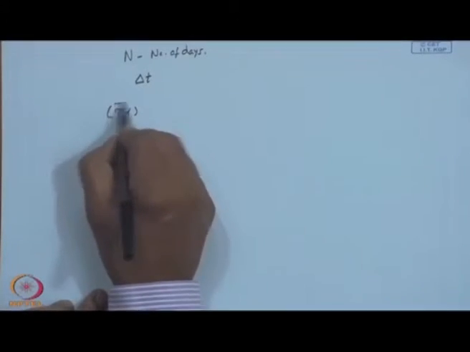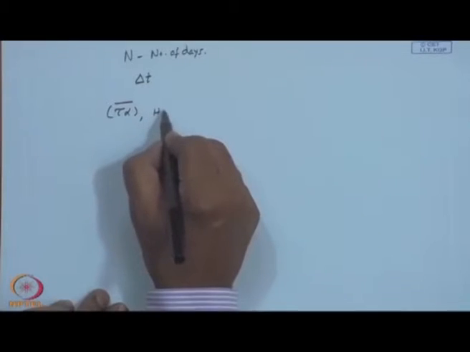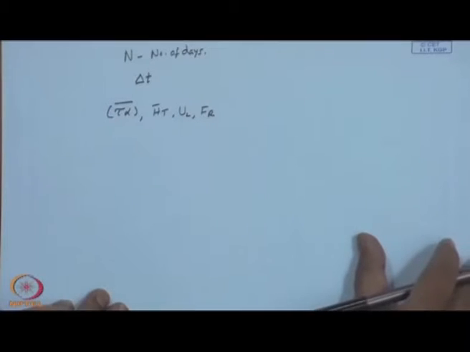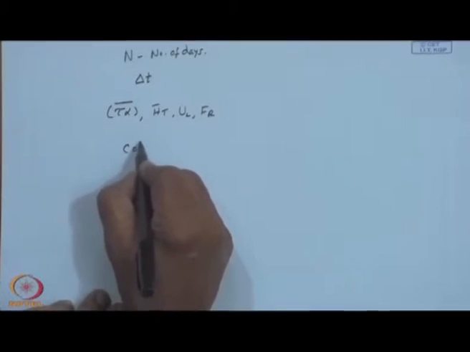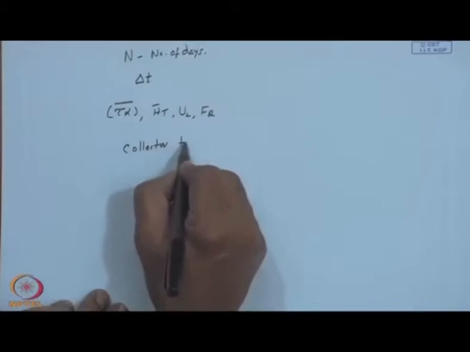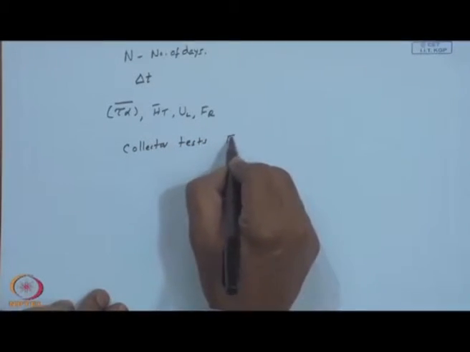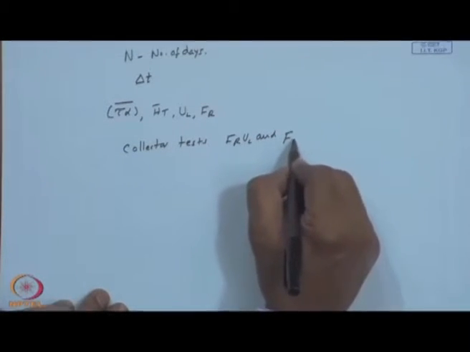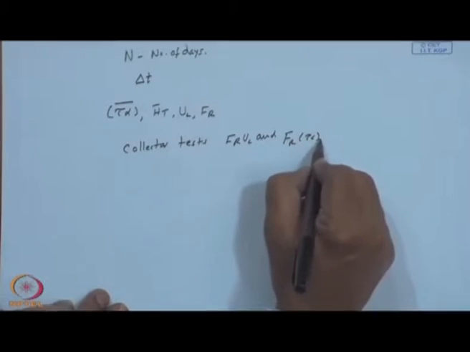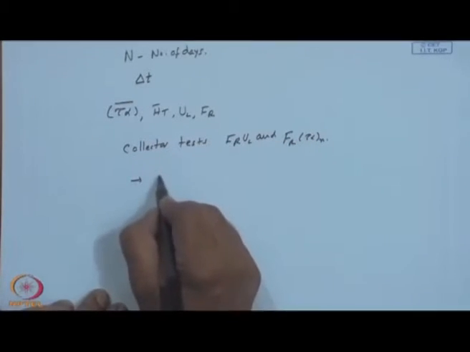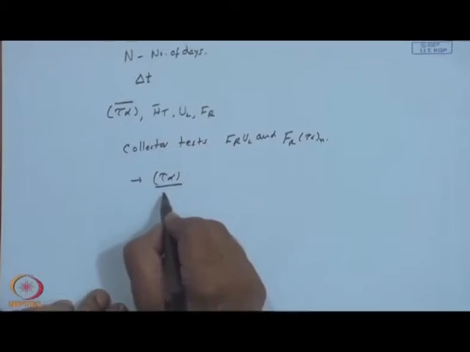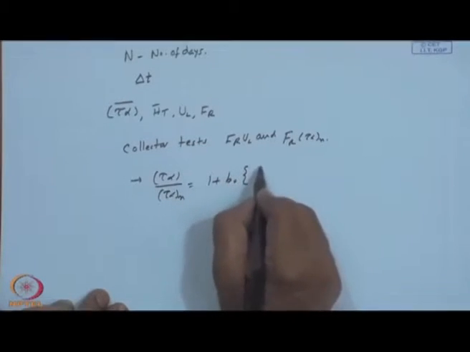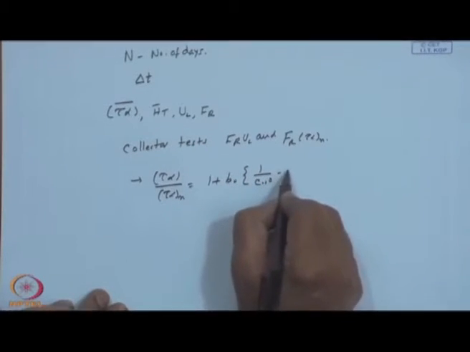So, now we have spent time in calculating tau alpha bar, H T bar, UL, FR, right. Of course, from the collector test you can get FR UL and nearly FR tau alpha normal, from which you can have the relation of ASHRAE: tau alpha by tau alpha n is 1 plus B 0 times 1 by cos theta minus 1.